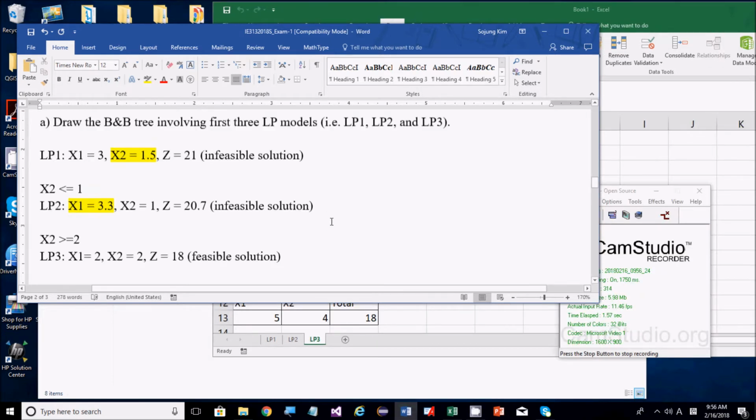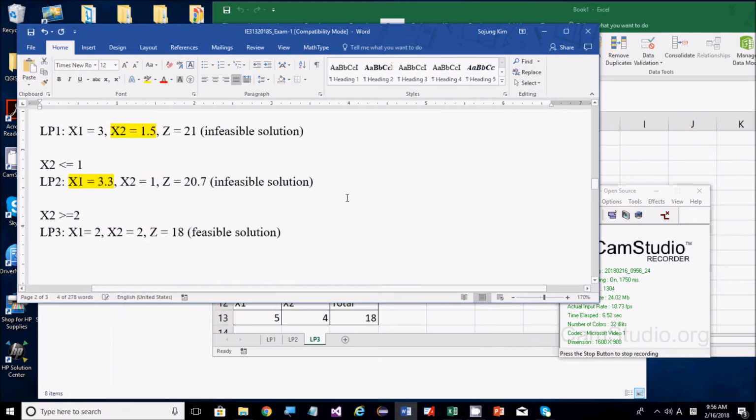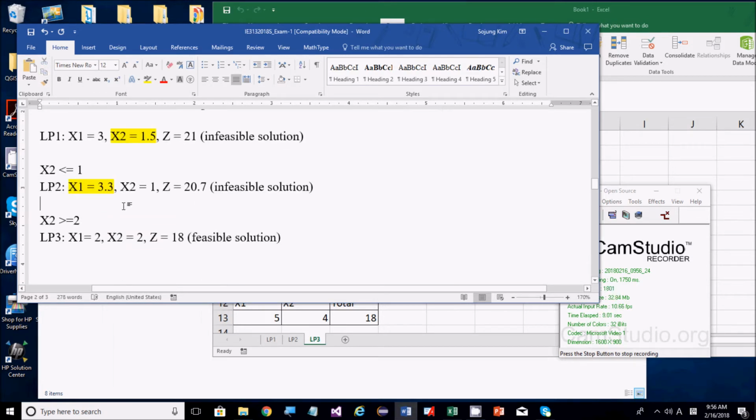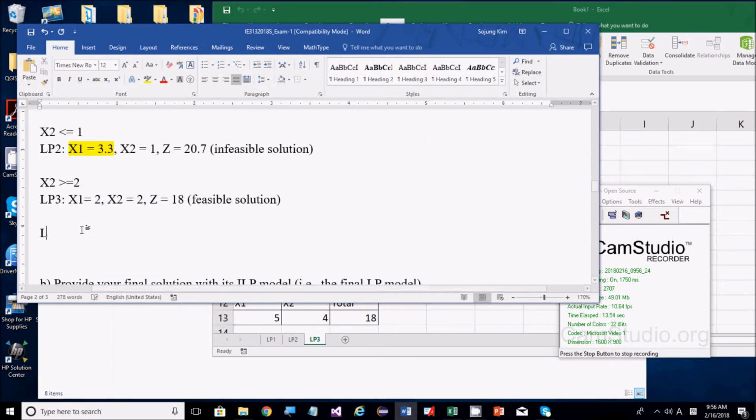Got it? Although the problem just asks us to consider the first three LP models, let's consider more, because I want to check all possible solutions. In LP4, which will start from LP2, you have to add one more constraint associated with x1: x1 is less than or equal to 3, because 3 is the closest integer to 3.3, right?